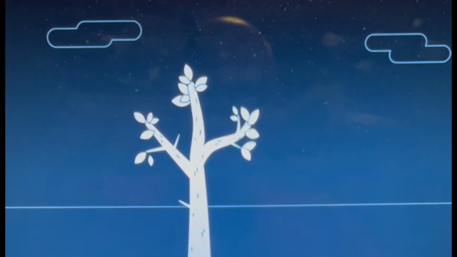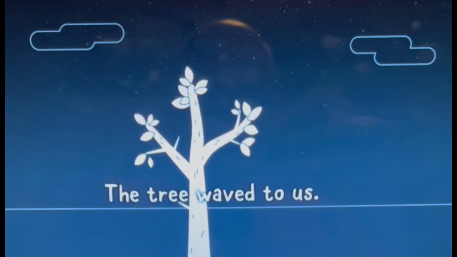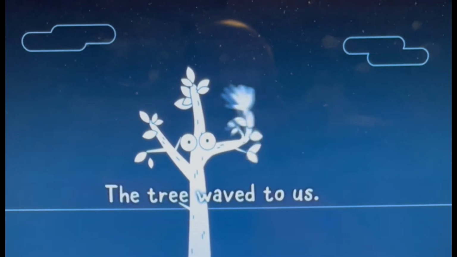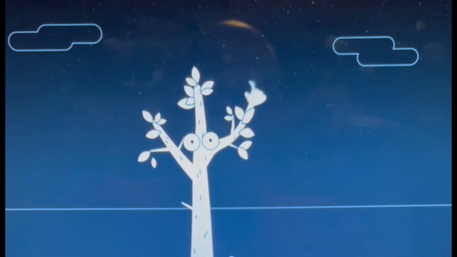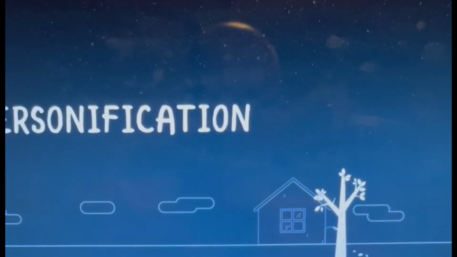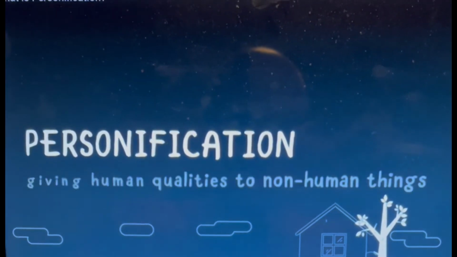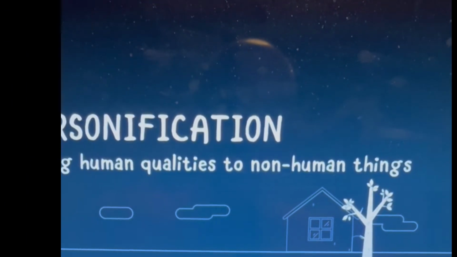What about when the wind blows its branches? In each example, the tree acts like a person. This is personification. Personification gives human qualities to non-human things.